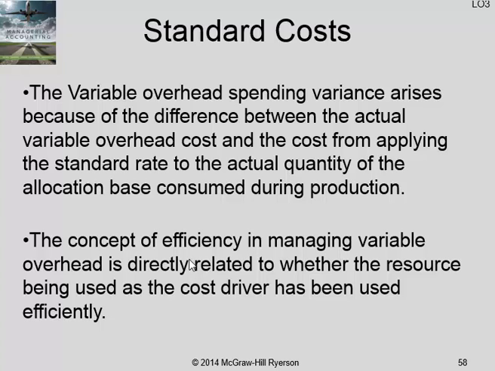But on the efficiency side, because we allocate overhead, we don't trace it directly, the variable overhead efficiency variance actually has very little to do with overhead. What it captures is how efficient is the allocation base, or our use of the allocation base.